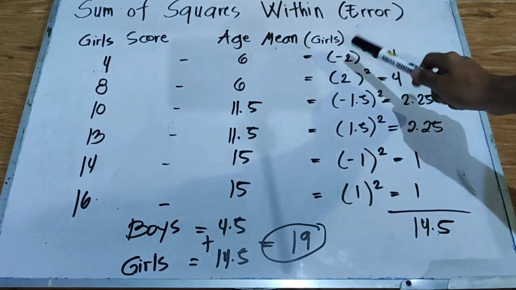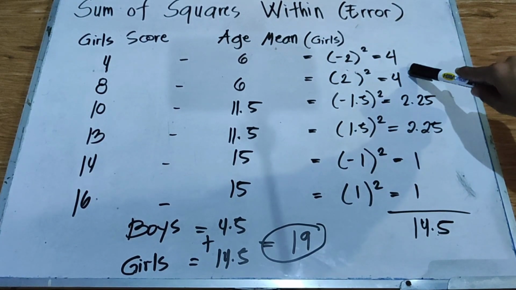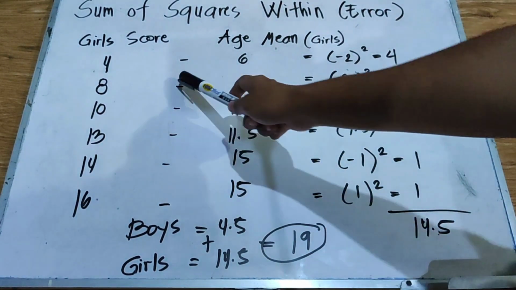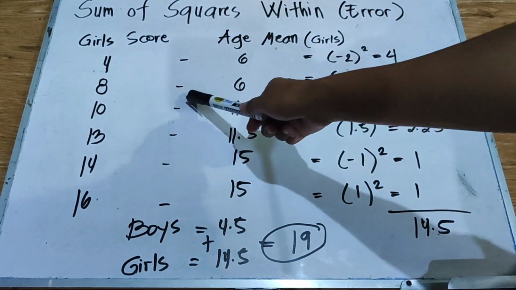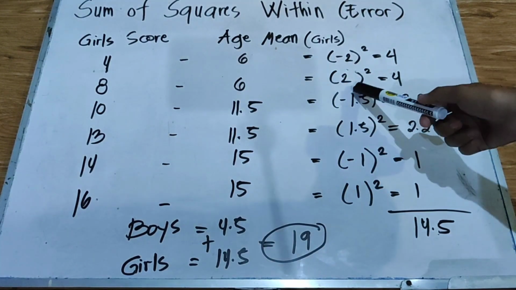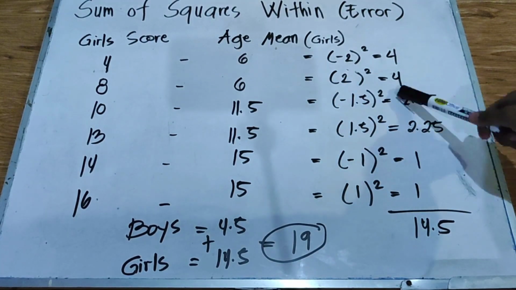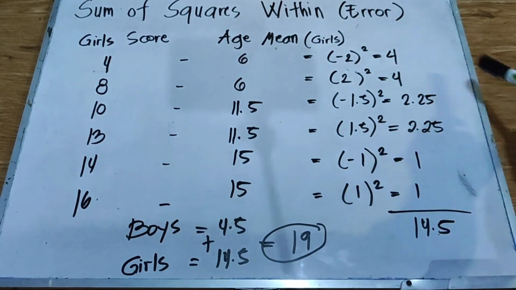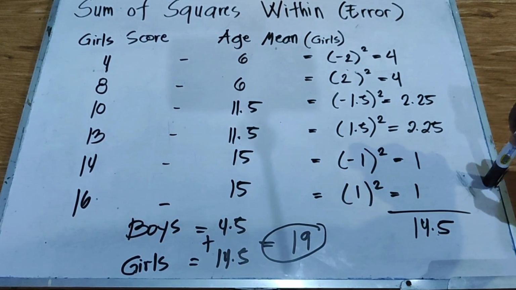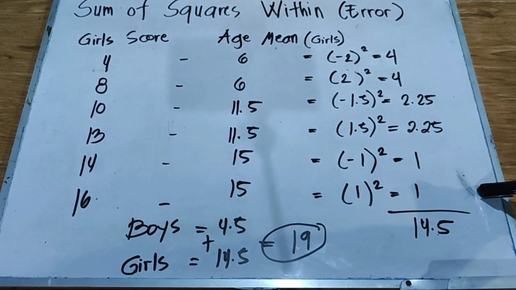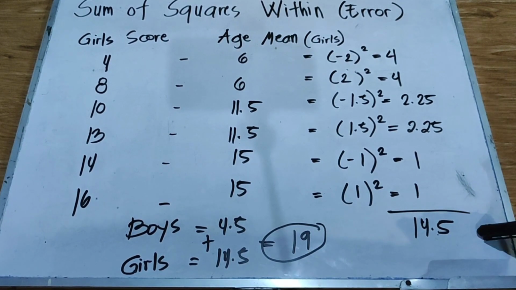Negative 2 times negative 2 is equals to 4. Same process for 8 minus 6 is equals to 2. Then squared is equals to 4. And so on. So, for the girls group, we got 14.5.